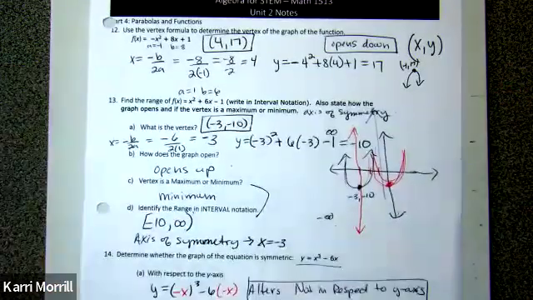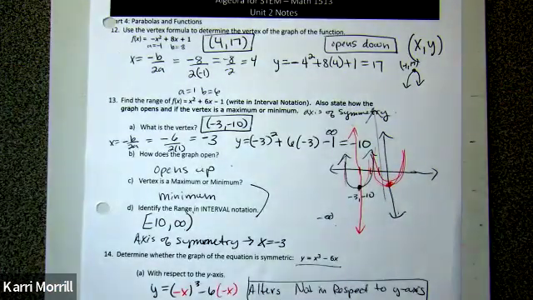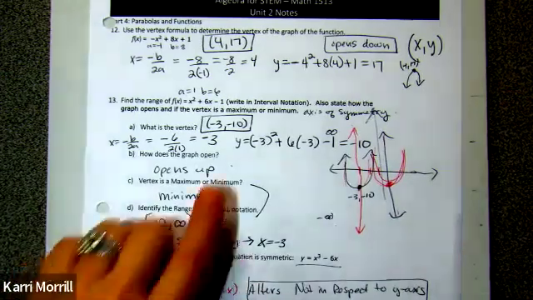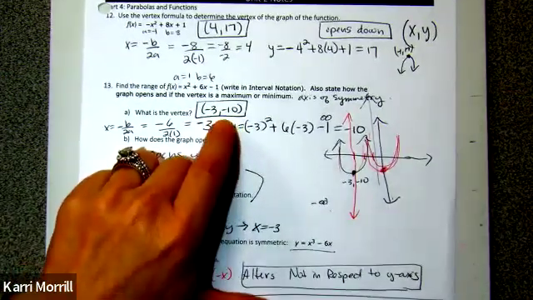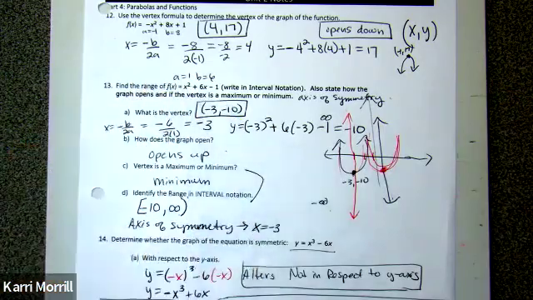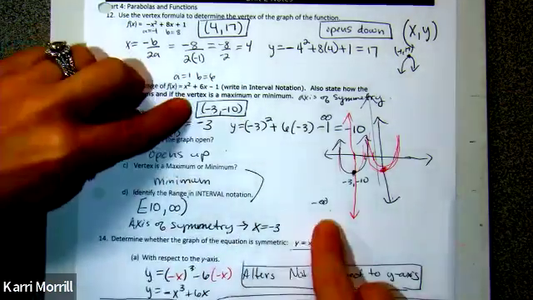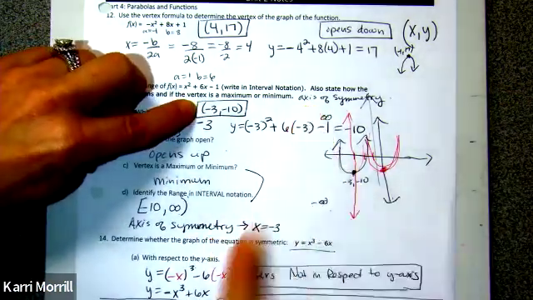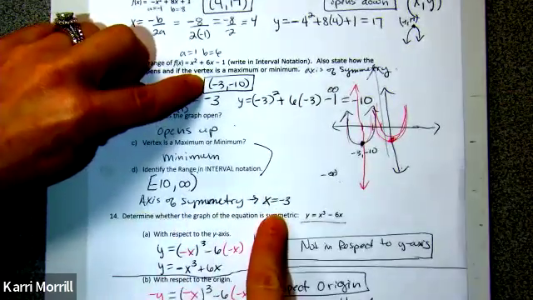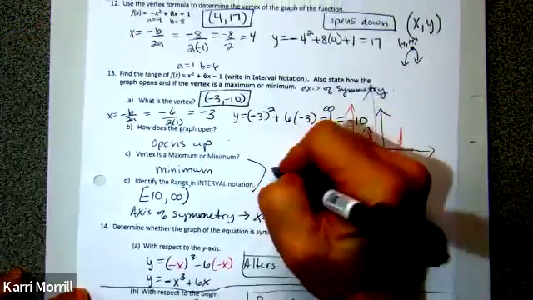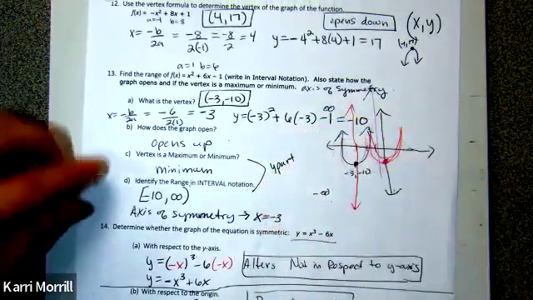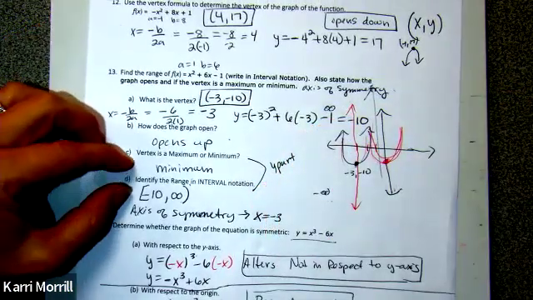But then there are a lot of other questions that we learned, and so it's good to review, because your vertex really answers so much about the parabola. The x part deals with your axis of symmetry, which I did down here. But your y part is really dealing with your max and min, or your range.